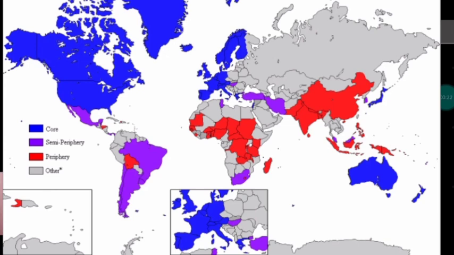Each color has its own classification, where blue is for the core regions, violet for the semi-peripheral regions, red for the peripheral regions, and gray for the external areas. Let's say North America. The color of this country is blue, so it means North America is known as a core country. To understand more about this, let us now move on to the next slide.